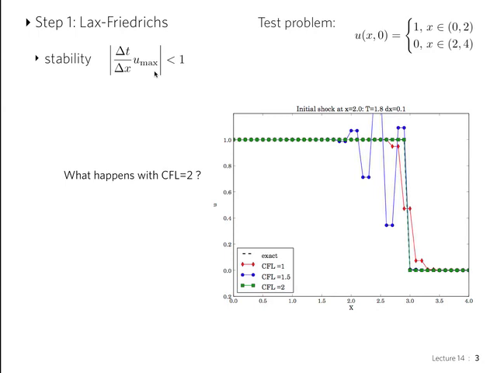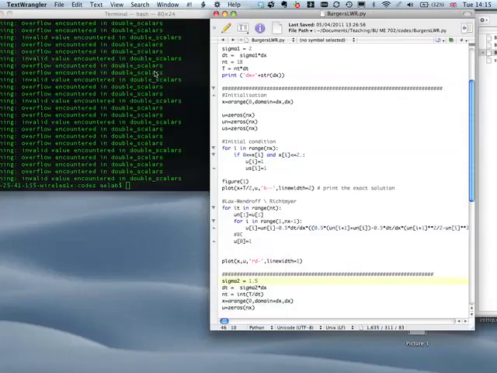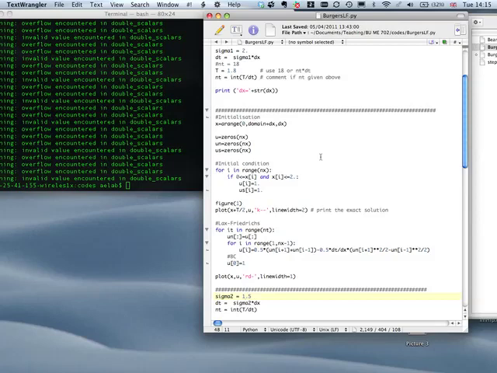So what's happening here? Let me show you this in action, because I've got the code right here. This is my Lax-Friedrichs, and I've got the code repeated 3 times, so I can run it with 3 different CFL numbers and plot them at the same time.